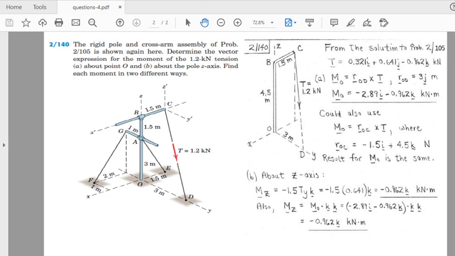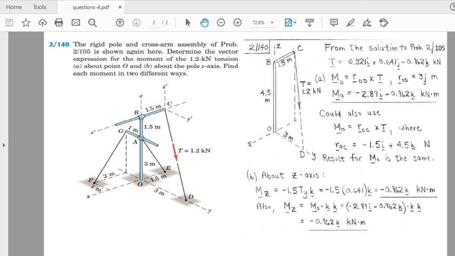The result for MO is still going to be the same, because we have to now find the moment about point O. So we have to take the cross product r bar OC cross T. When we take r bar OC cross T, we will get the same value of the moment that we found in the first method when we took r bar equal to OD.